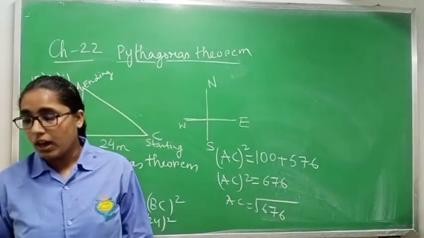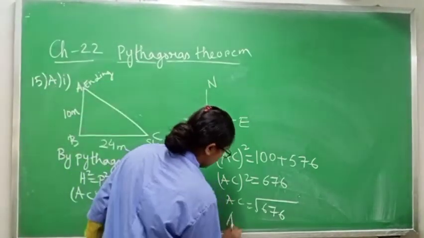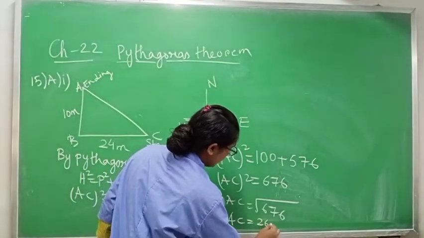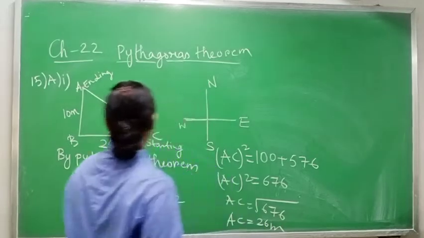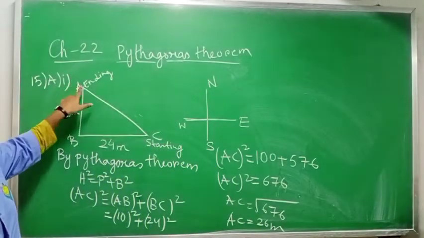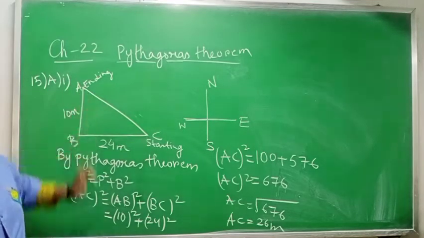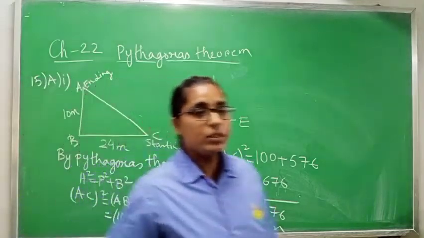Do this one and tell me how much you are getting. You will get 26. So AC equals to 26 meter. Understood? It's very easy. You only have to know the direction, that it is going west then north, and they are asking the distance between A and C, starting point and ending point. Okay, complete this one.